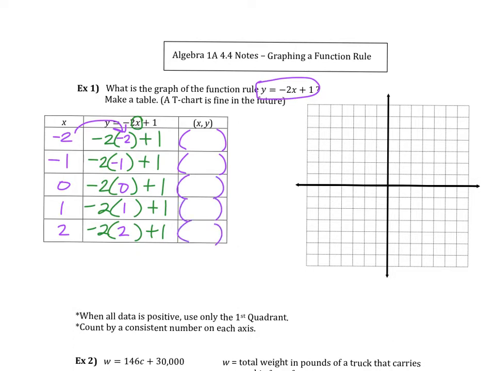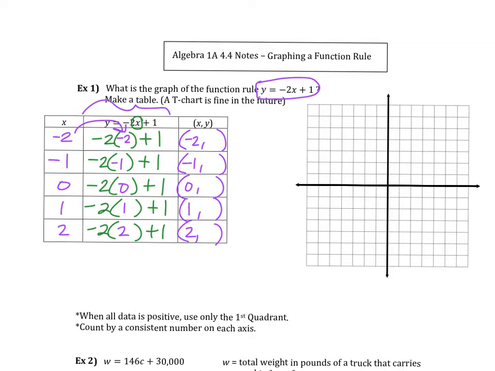Okay, so this is really the x and the y that normally show up on your t-chart. The x value is there for you. It's -2, -1, 0, 1, and 2. The y value is whatever this middle section works out to.